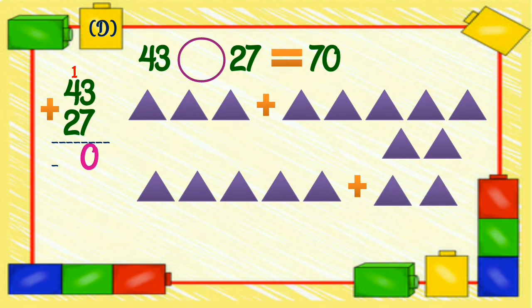Okay, now how many triangles do we have? We count them: 1, 2, 3, 4, 5, 6 and 7. So we have 7 triangles. So we write 7.